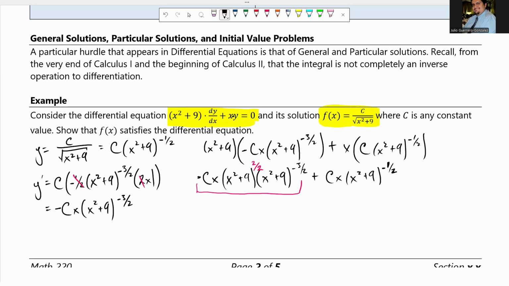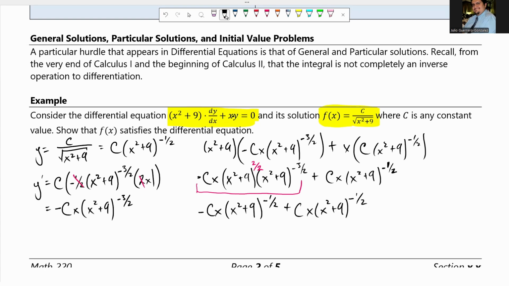So 2 over 2 minus 3 over 2. That leaves us with negative 1 over 2, right? So all of this cleans up to minus cx x squared plus 9 to the minus 1 half plus cx x squared plus 9 to the minus 1 half.